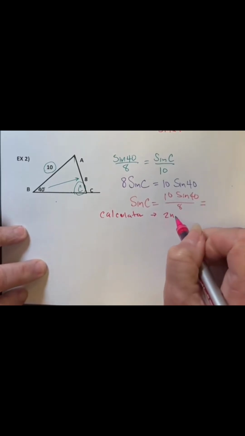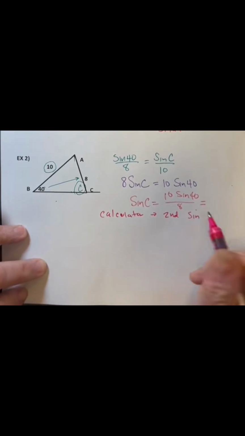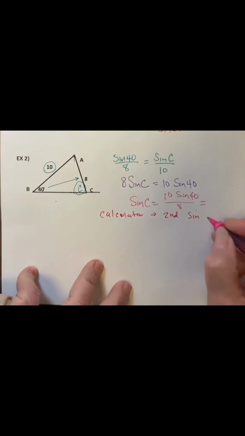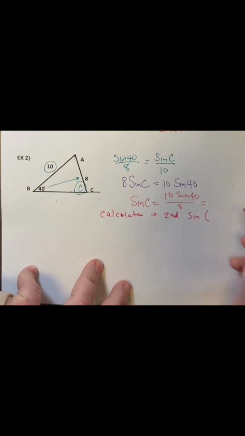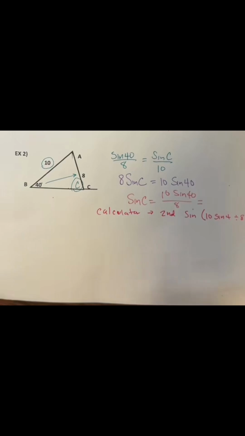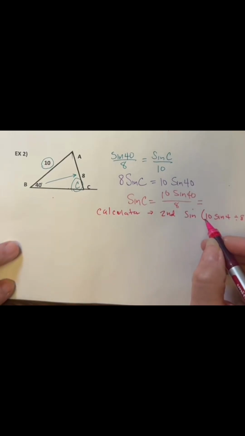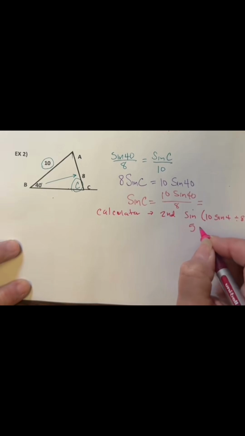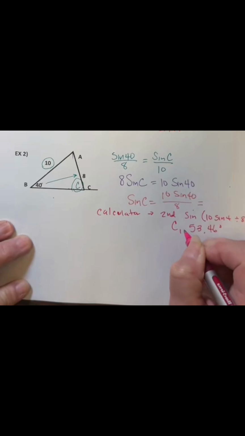We push second sine. Anytime you're trying to find the angle, you push second sine. It opens the parentheses for you. 10 sine 40 divided by 8. And you're going to get 53.46 degrees. So that is C1.